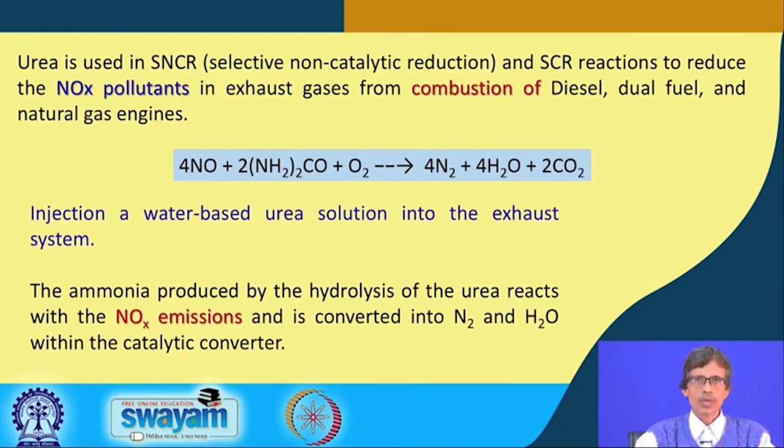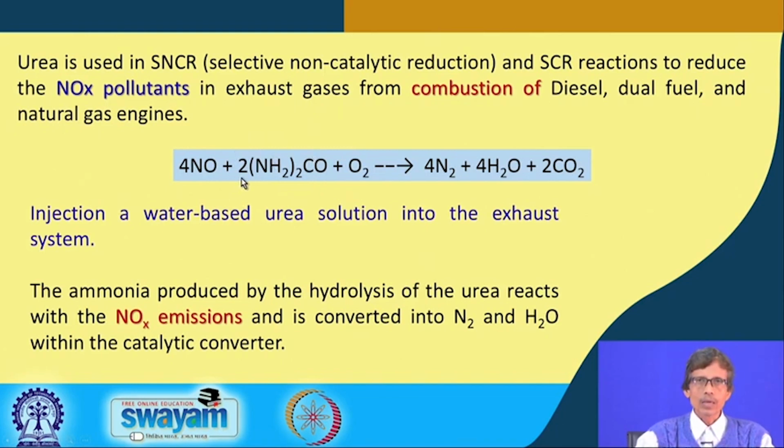How is this reaction going on? Whether it is a reaction of urea only with NO or ammonia with NO, converting to N2 and H2O? This reaction is only with the NH3 which is coming out through the hydrolysis of urea.